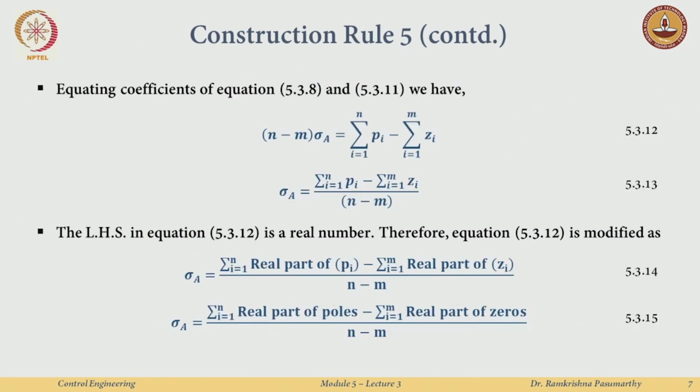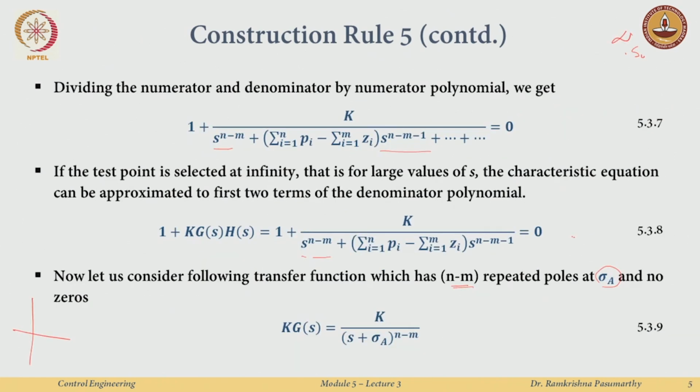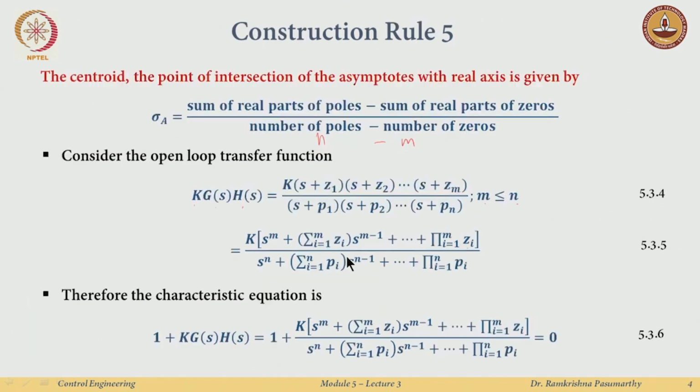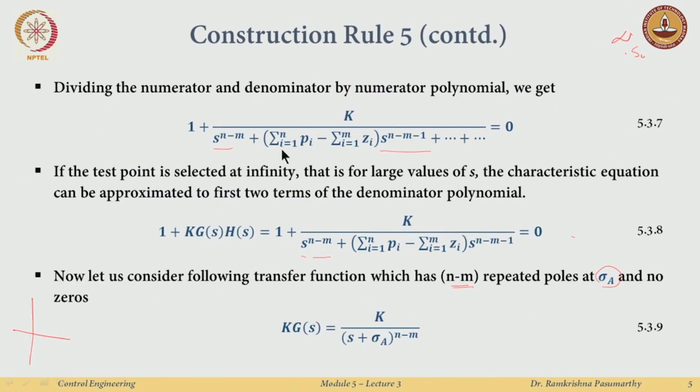Okay. So, what is the relation between this here, right. So, we started with this one, right. We wanted to find out what is the centroid point of the asymptotes, where do the asymptotes intersect, if at all, right. So, compare this guy, right. Again, what did I assume here is, I assumed that, of course, I started with m zeros, n poles, I approximated my characteristic equation, I just did this, right.